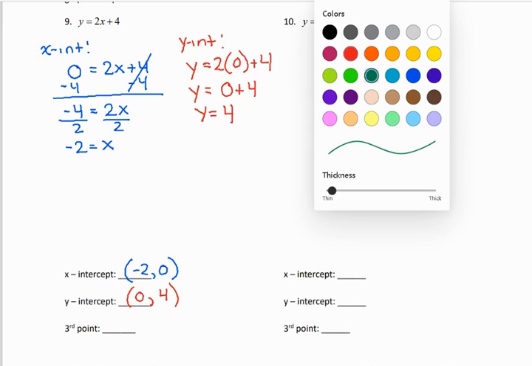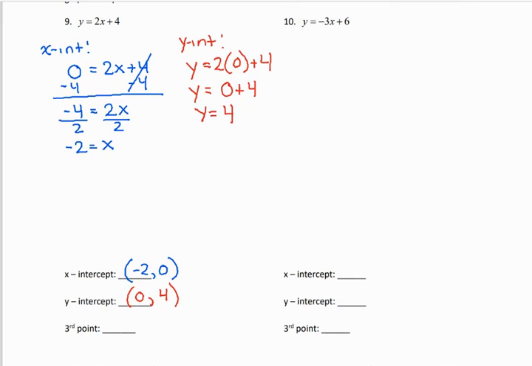Here's the deal. Listen carefully. When we are graphing lines, which is all we're going to do this year actually, it is ideal to have 3 points, or more.